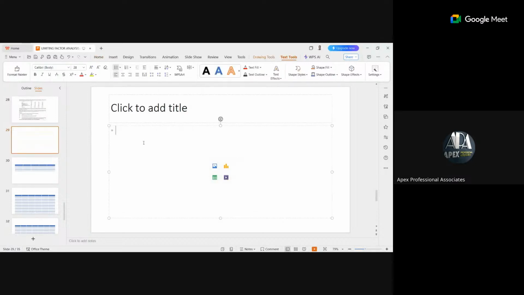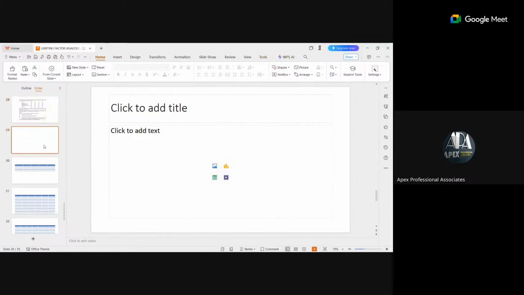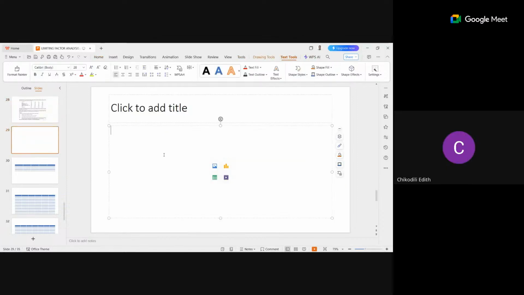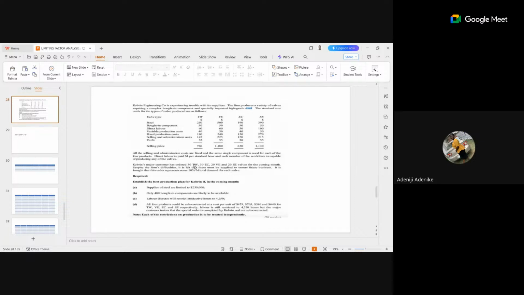Let's do simple mathematics. Let me make use of TW. 10% of X is equal to 30. So what is this X?